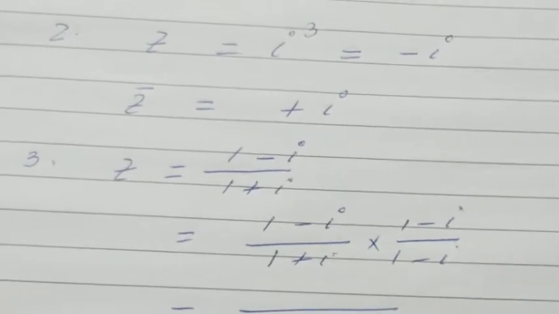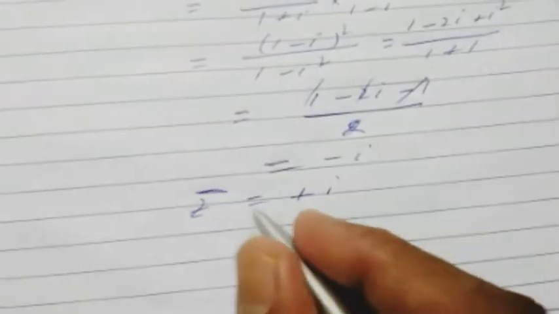This will be (1 minus i) whole square, and that will be 1 minus 2i plus i square, over 1 plus 1. That will be 1 minus 2i minus 1 upon 2. This will go out, this will go out. This is minus iota. And z conjugate will be plus iota for this. So z conjugate is equal to plus i.